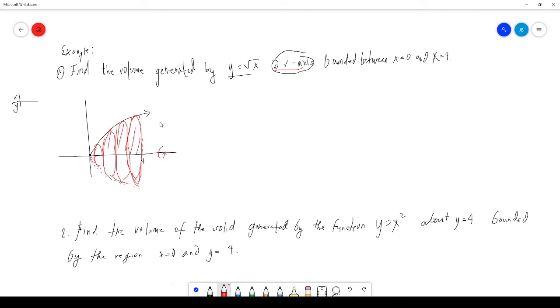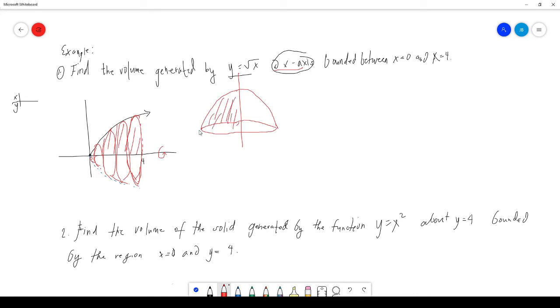In plane area, you deal with a plane shape only, but in volume we are talking about three dimensions. If you draw it in this form, it will look like a hat. Sorry, I'm really bad at drawing, but I hope you can imagine. And we are going to find the volume of this shape only.